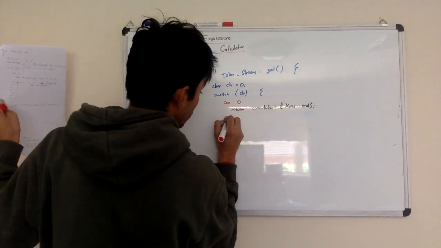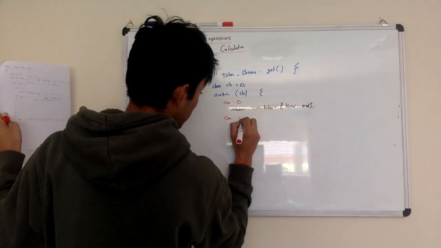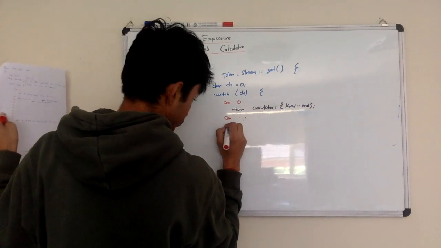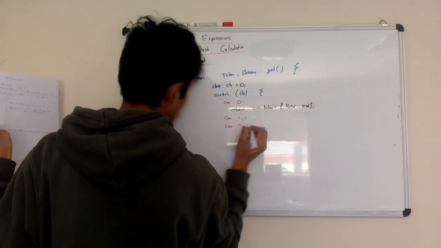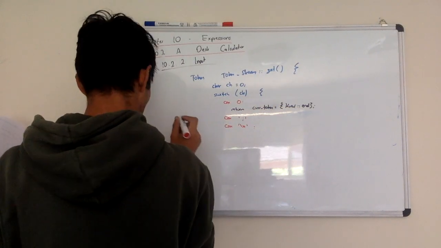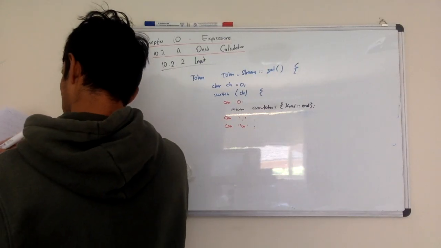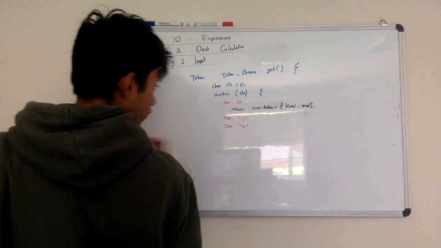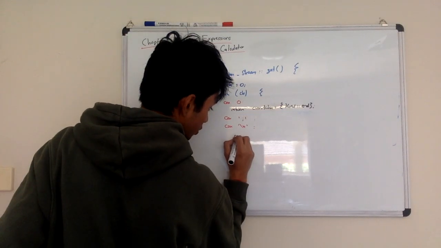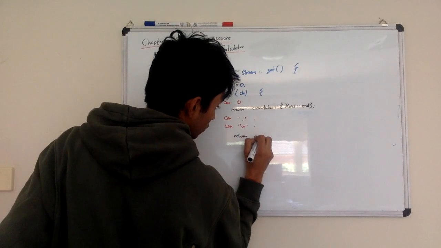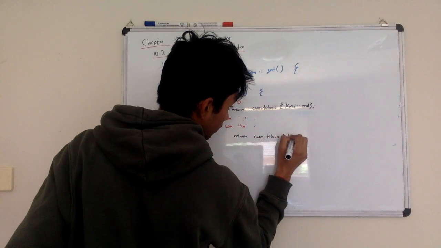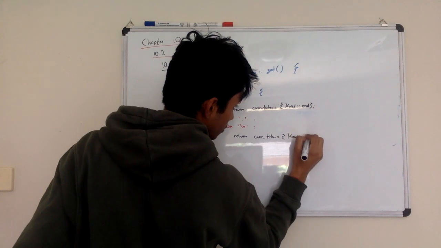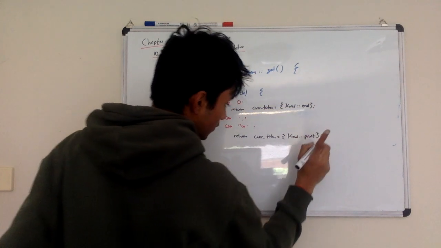Now, if you have case semicolon or case new line, then you can return current token equals kind print. Now, this is kind of interesting.